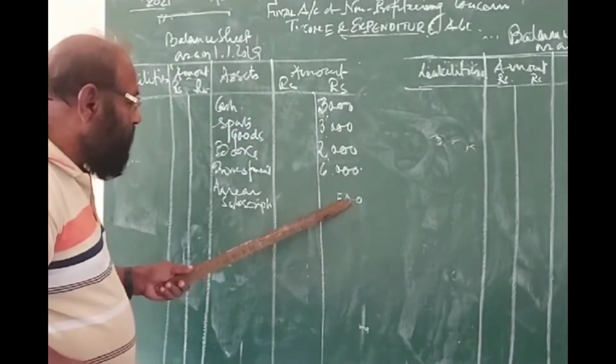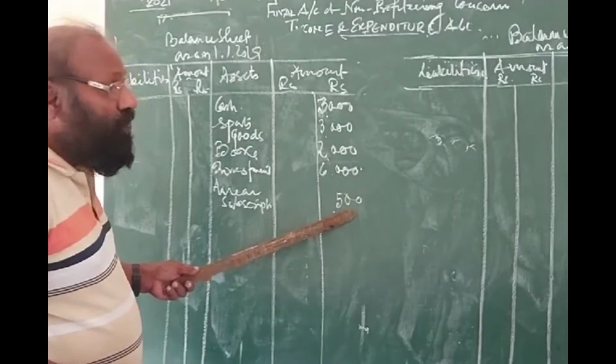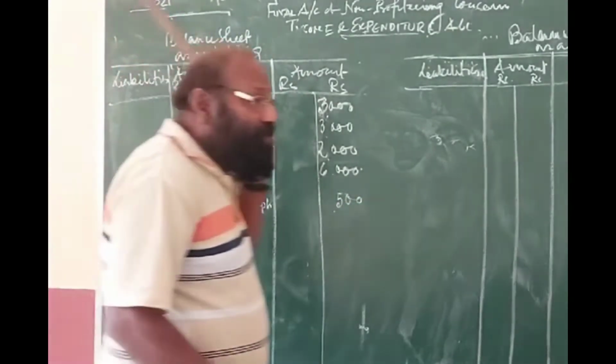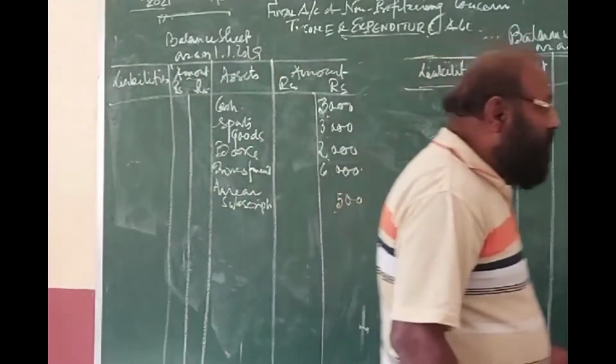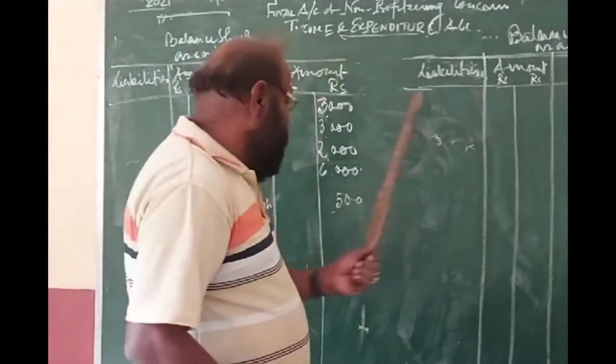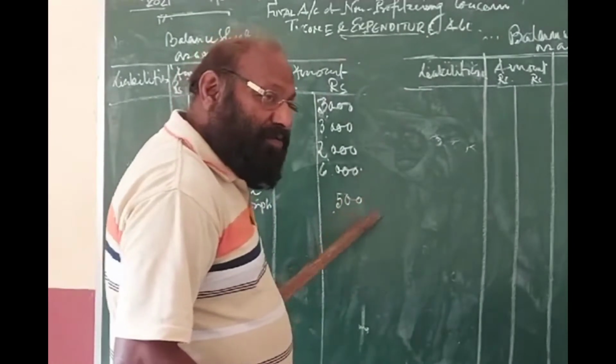This is the arrear subscription which you did not receive last year but received this year. And this year what we have done is deducted that amount of subscription.